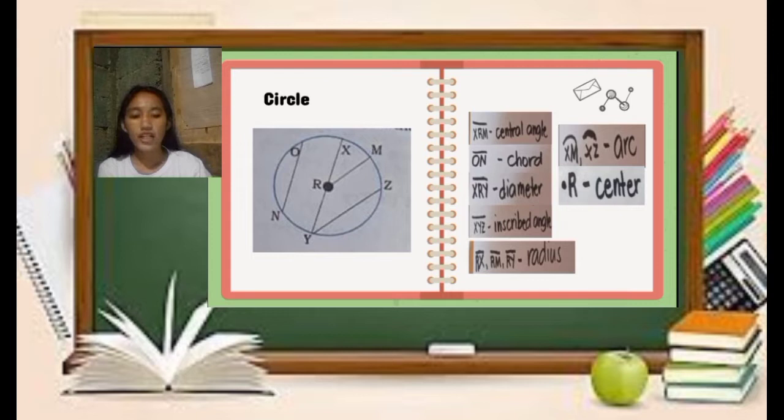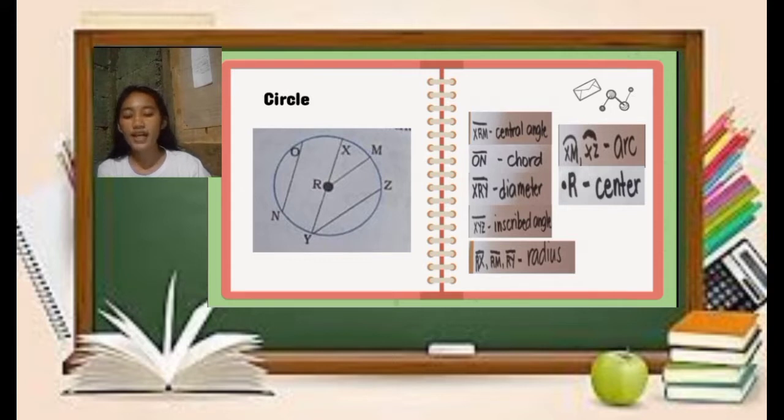Next is a center. Center is the midpoint of a circle. So point R is the center from the given figure. Next is secant. Secant is an extended chord of a circle. Next is tangent.